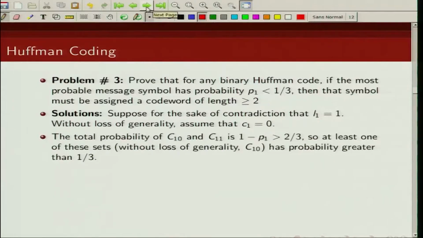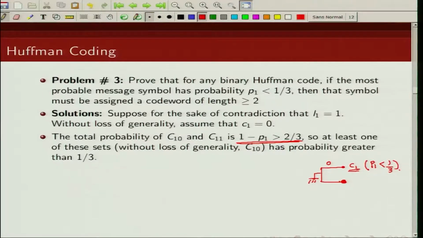Now, if this is so, let's draw this tree again. This is corresponding to 0, which is C1, which has probability P1 less than 1 by 3. Then if you look at the probability of this other node, it has probability greater than 2 by 3. And how was this node formed?